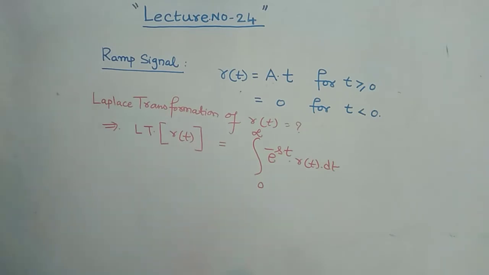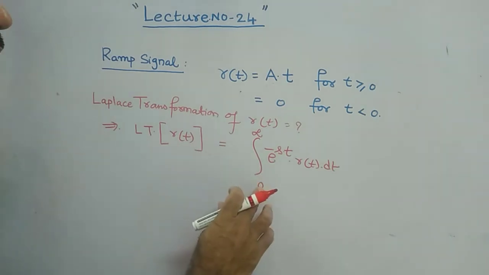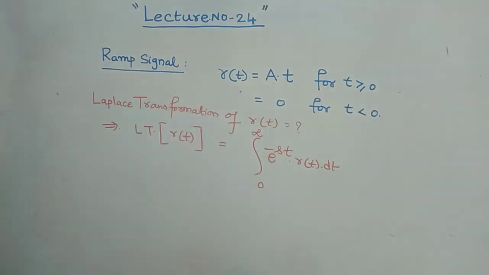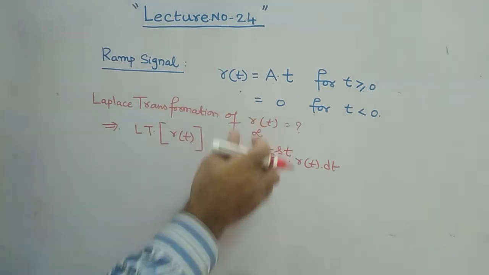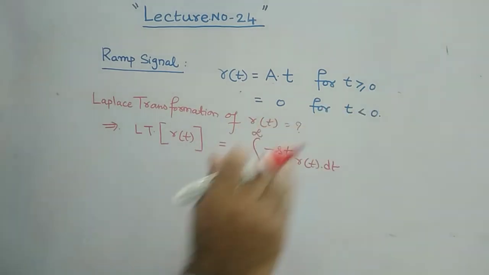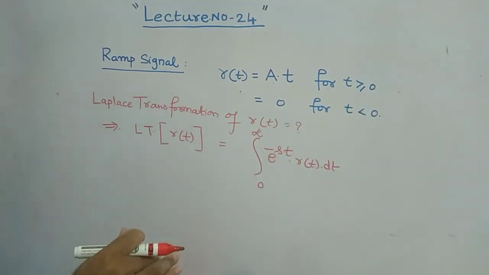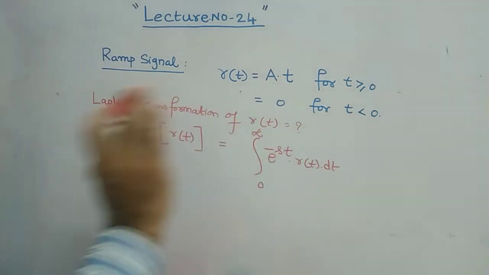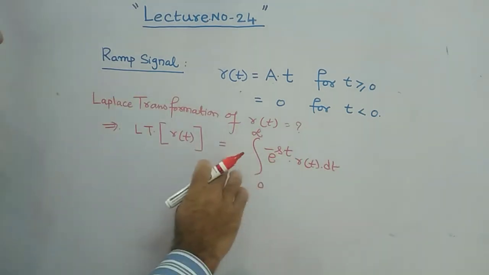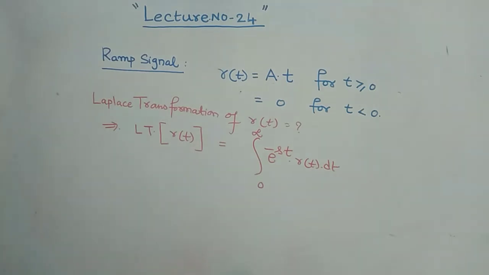Uni in the sense you will have 0 to infinity. This is the lower limit, this is the upper limit. The integration will take place from 0 to infinity, that is called unilateral, whereas bilateral means it covers the total range, minus infinity to plus infinity.